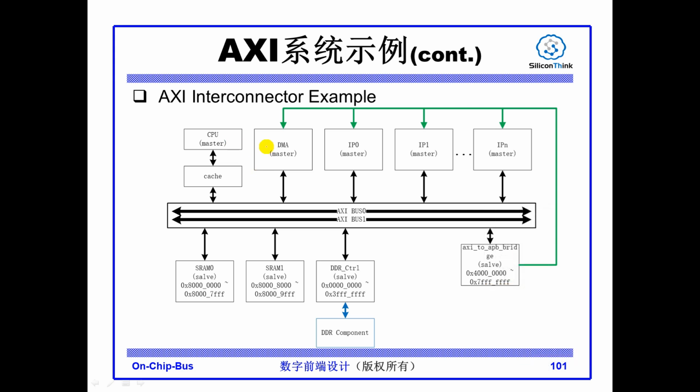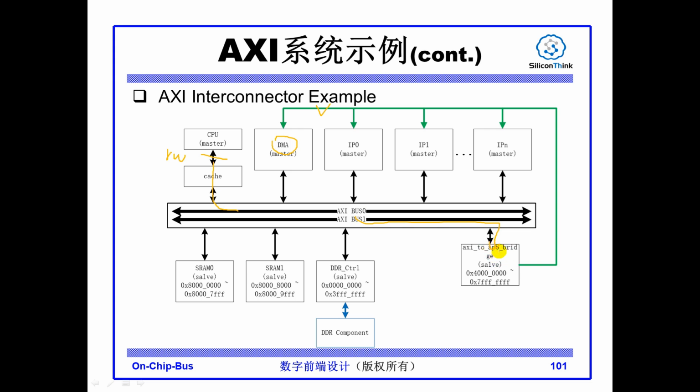The CPU can read and write configuration registers inside the DMA controller through the APB interface. Usually, it will use this data path. First, there will be a read-write transfer on the IO of the CPU. Then it will pass to the interconnect, and the interconnect will decode this transfer to this bridge.